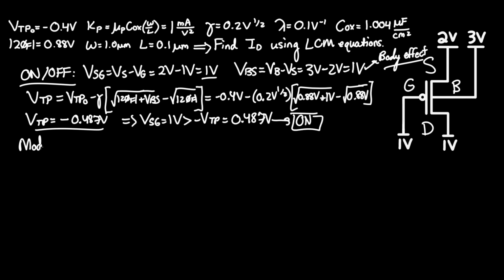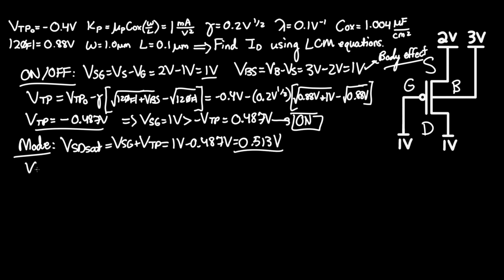Moving on to the mode it's operating in, we need to find the value VSD sat. And if VSD is greater than this value, it is in saturation region. Else, if it's less than this value, then we are in linear or triode region. So, VSD sat, according to LCM equations, is VSG plus VTP, which we found earlier to be 1 volt minus 0.487 volts, which is 0.513 volts.